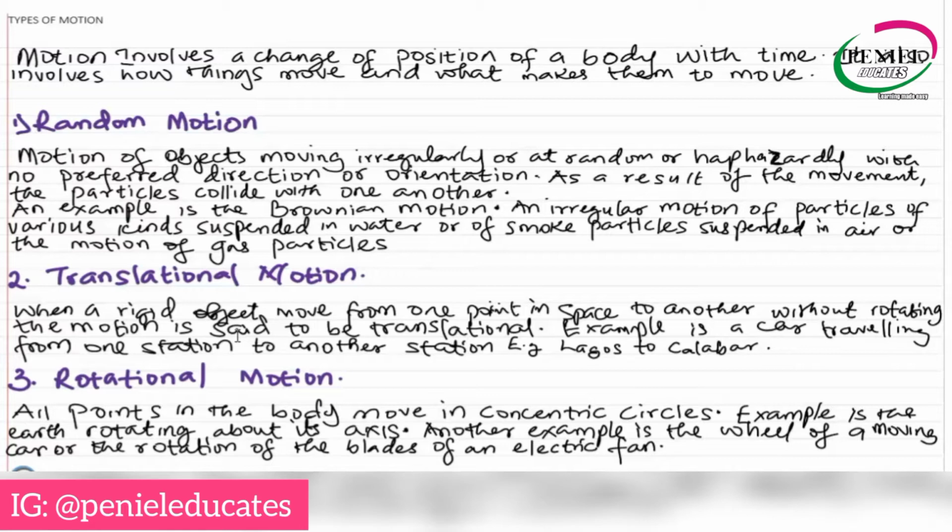For example, if a car is moving from Lagos to Abuja, from one place to the other, you don't expect that car to be somersaulting while moving. It's just moving from one station to the other. That is translational.